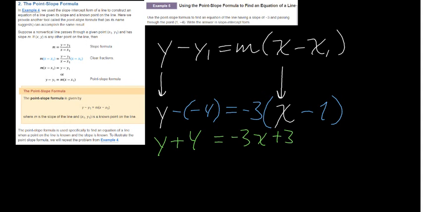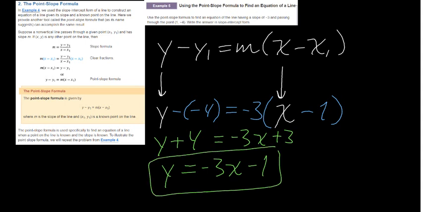Then we solve for y. y is equal to -3x, and we subtract 4 from both sides, so it's -3x minus 1, because 3 minus 4 is negative 1.